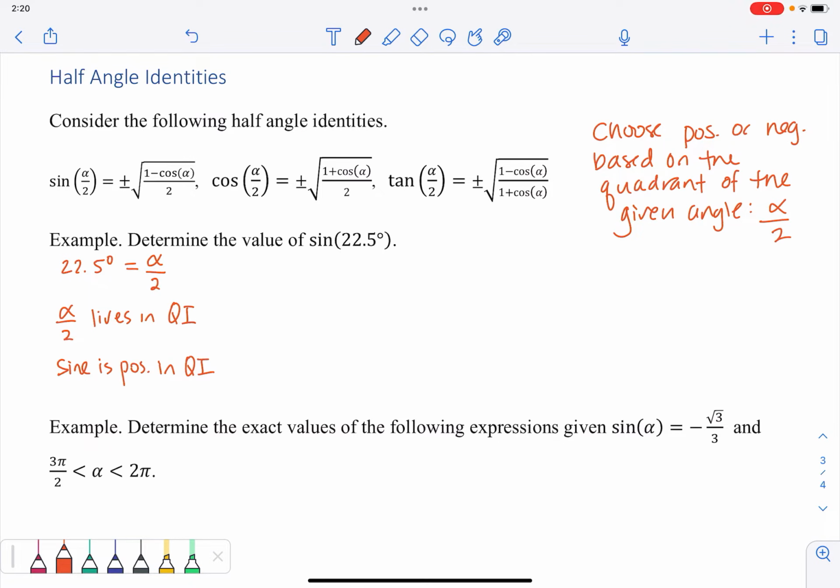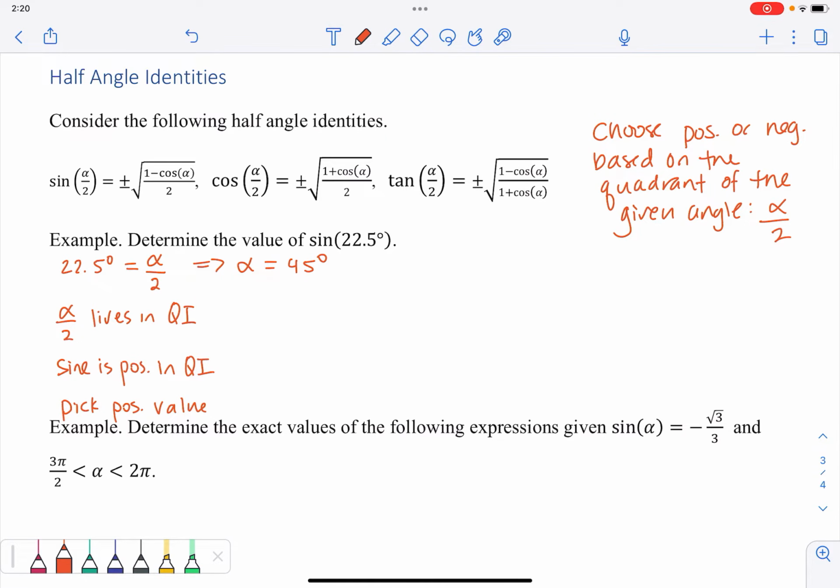So I am going to pick the positive value. Okay, so what does that mean? Well, if I'm going to think of 22.5 degrees as playing the role of alpha over 2, this tells me that alpha is just 45 degrees.